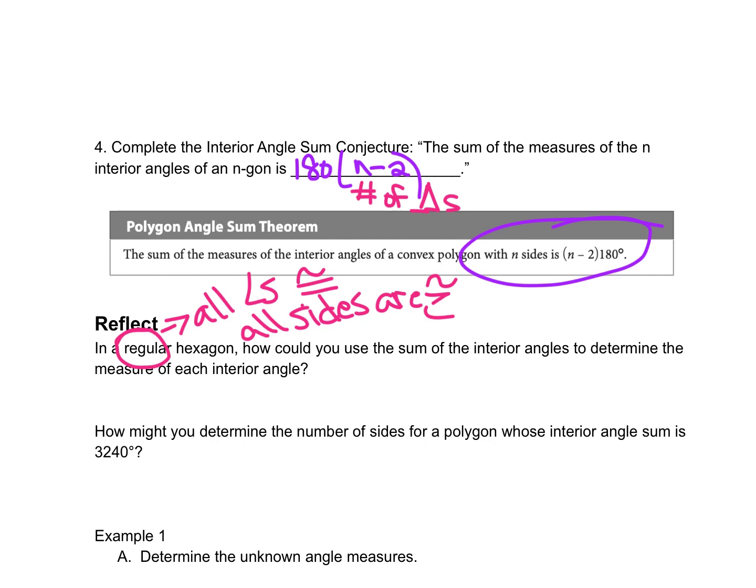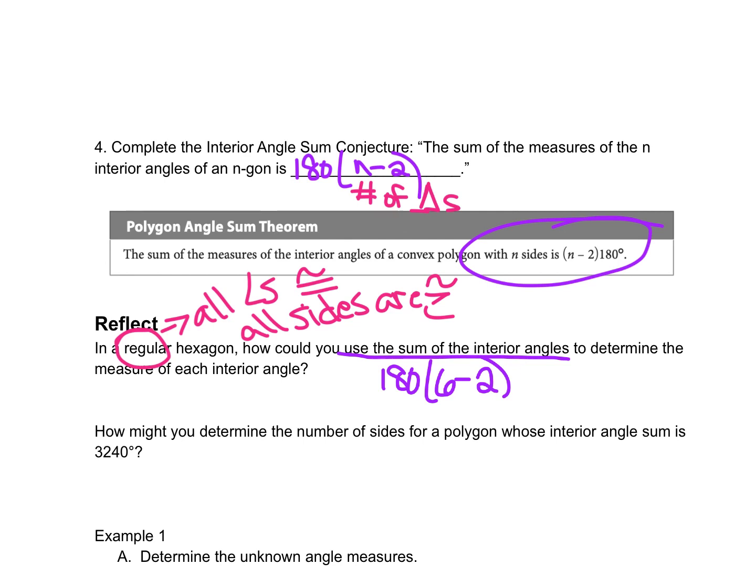Okay, sorry. The janitor came in and was sweeping. Okay, so in a regular hexagon, how would you use the sum of the interior angles to determine the measure of each interior angle? Well, first, let's find the sum of the interior angles. So a hexagon has 6 sides. So I'm going to say 180 times 6 minus 2.